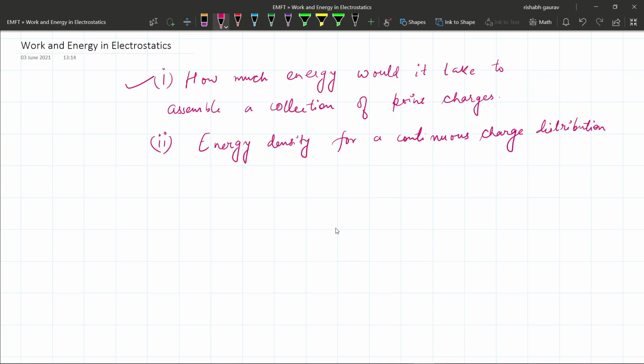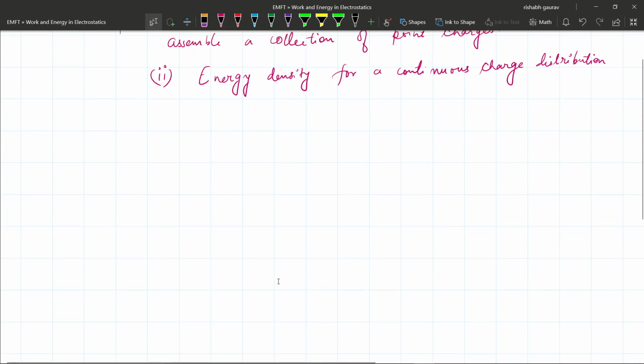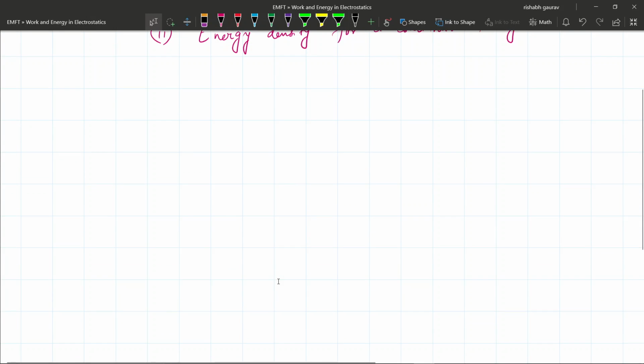Now let us deal with point 1. Suppose there are 3 point charges, Q3, say here it is Q2 and Q1 present in space.